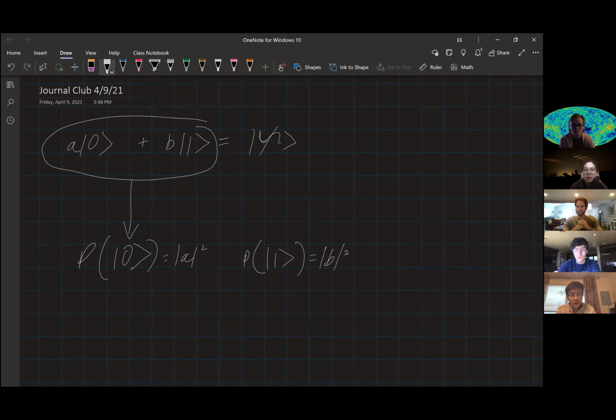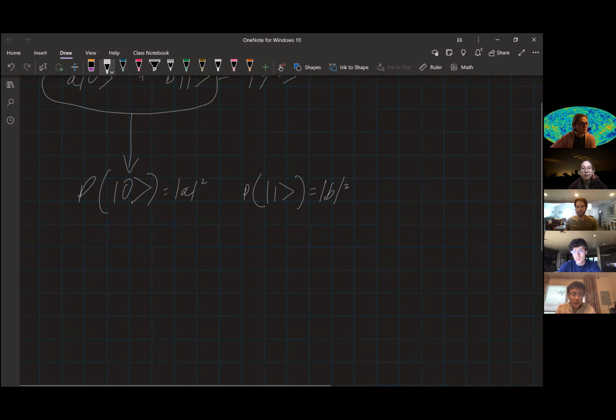What ends up happening is that you get measurement results that kind of make it more likely to be in 0 or more likely to be in 1, but not certain. And this actually kicks the system towards 0 or towards 1.